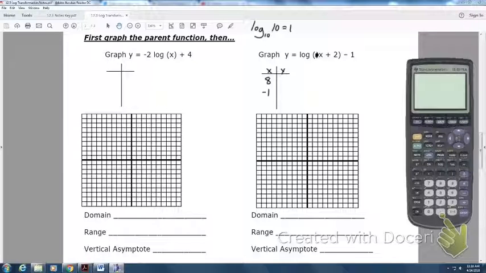Okay, so let's do this real quick. Whenever I plug 8 in there, that turns that whole thing into log base 10 of 10, which we already said is 1. And then I've got this minus 1 at the end, so that equals 0.